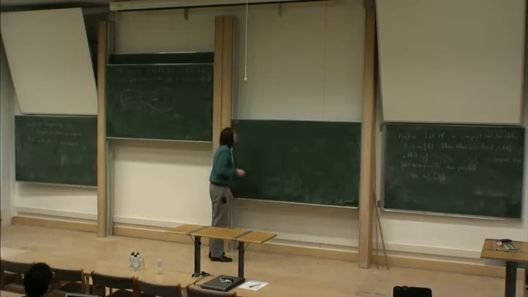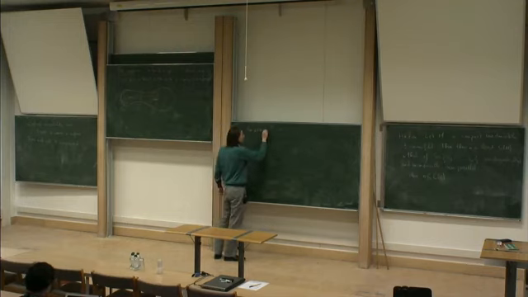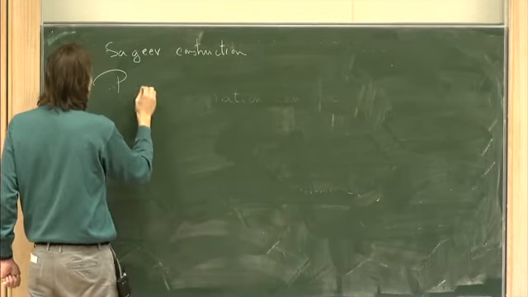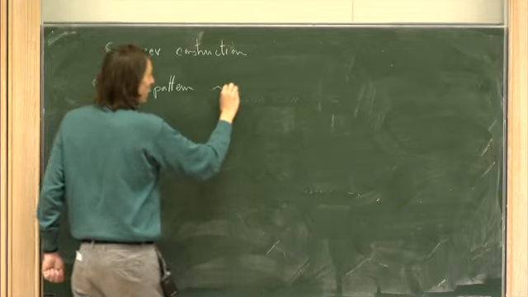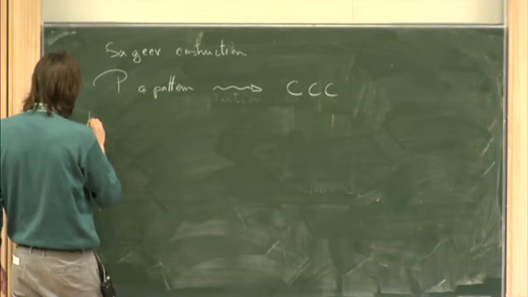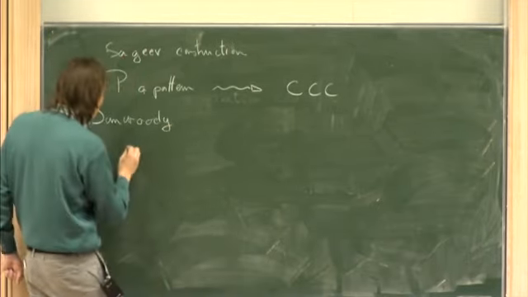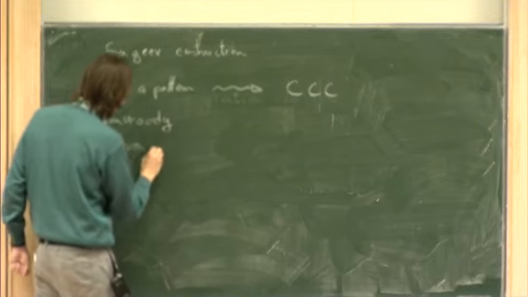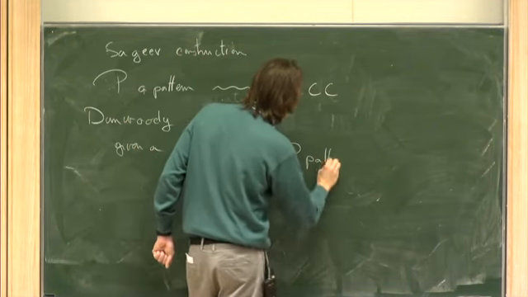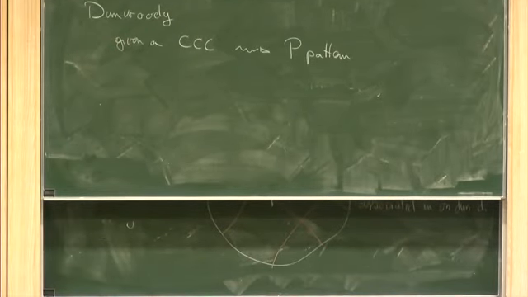So Sageev's construction, given a pattern, we can get a CAT(0) cube complex, and there's a construction from Dunwoody which, given a CAT(0) cube complex, we can obtain a pattern associated to it. So the construction is the following.